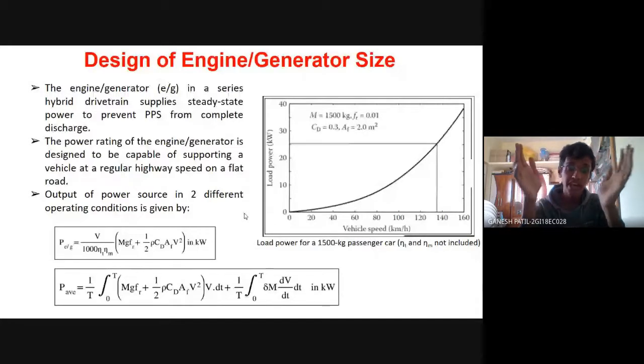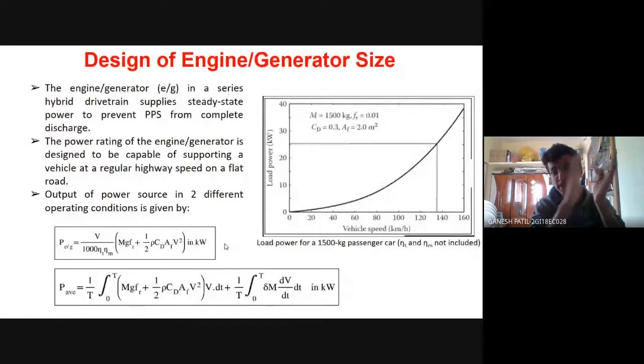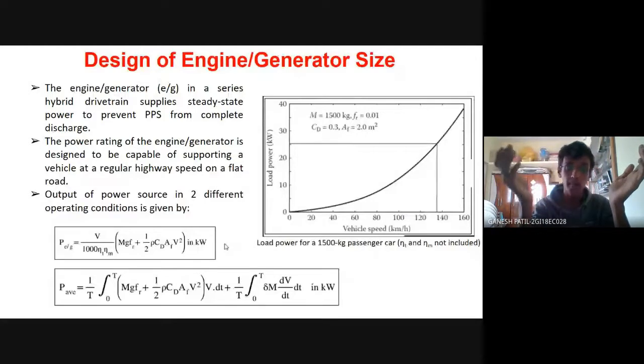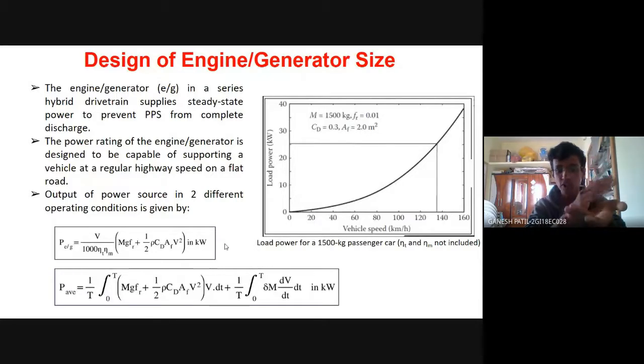So whenever extra mechanical friction increases on the vehicle, it is not directly on the engine. So we have the freedom to operate this engine, which is coupled to a generator, in its optimal operating range. That is one of the main advantages of the series hybrid drivetrain.